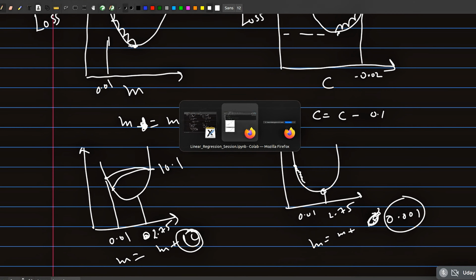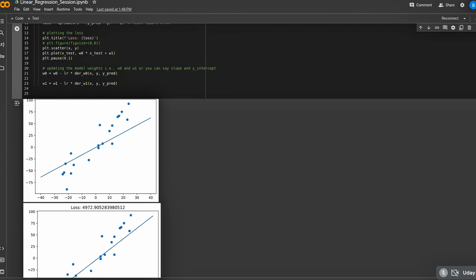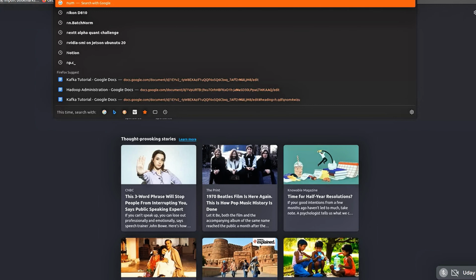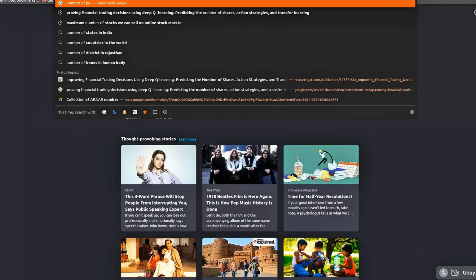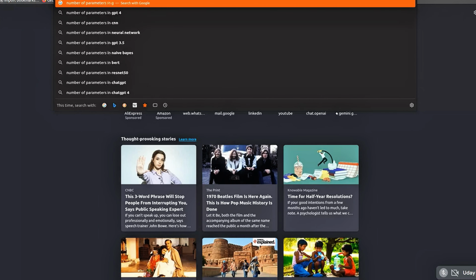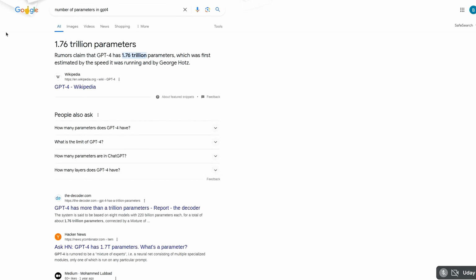So let's search it online. Okay. So if we talk about number of parameters in GPT-4, see 1.76 trillion. Now, if you have this much number of parameters, do you think कि एक इंसान बैठ के he would see कि हाँ एक पैरा इस वाले पैरामीटर में I need to add this much value, इस वाले पैरामीटर में I need to add this much value.